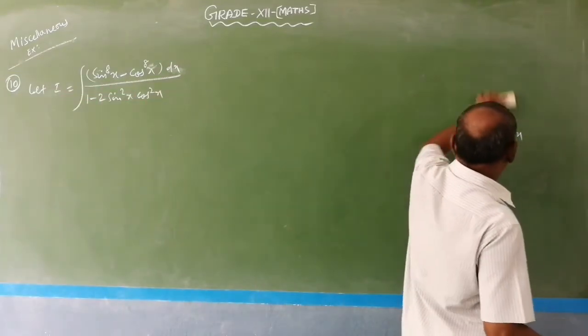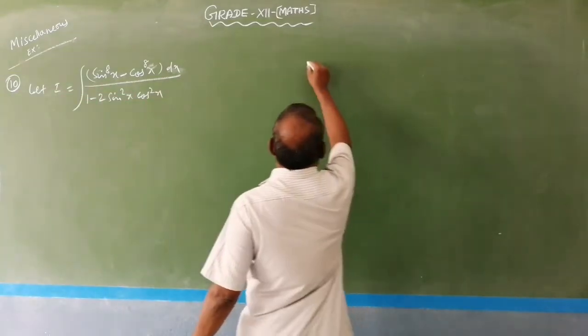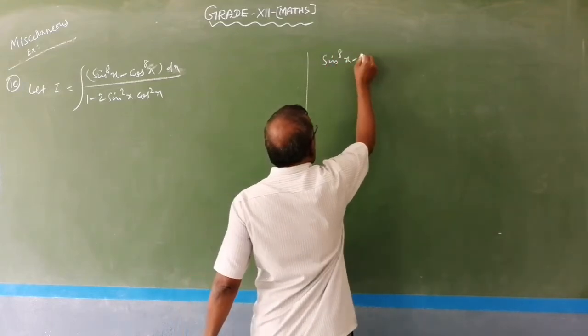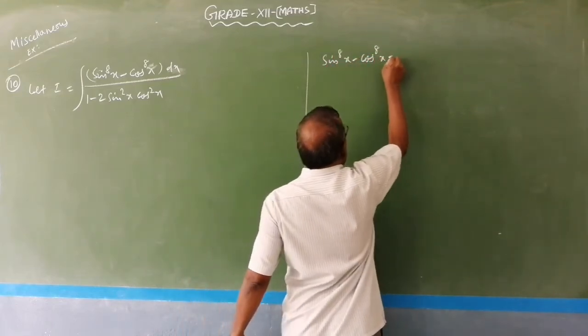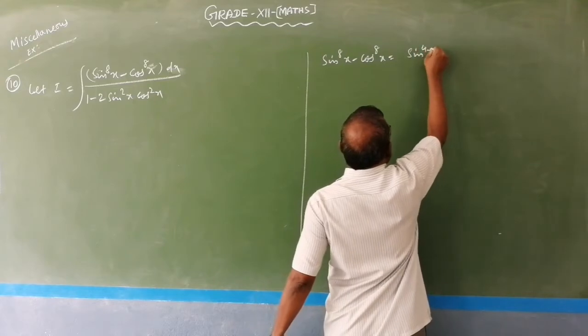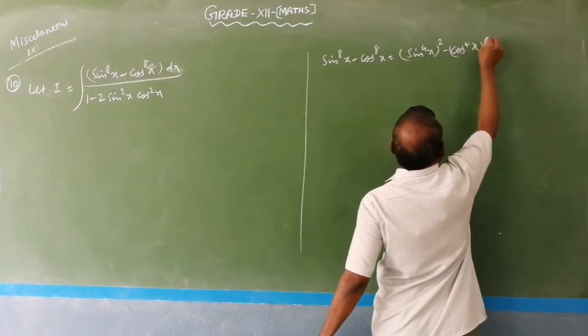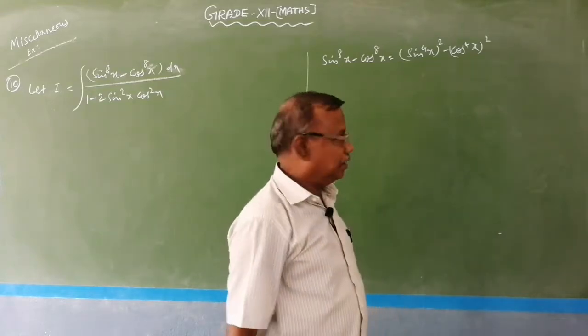Let us simplify the numerator. Now, sin power 8x minus cos power 8x equal to (sin power 4x) the whole square minus (cos power 4x) the whole square, because we can use the a square minus b square formula.